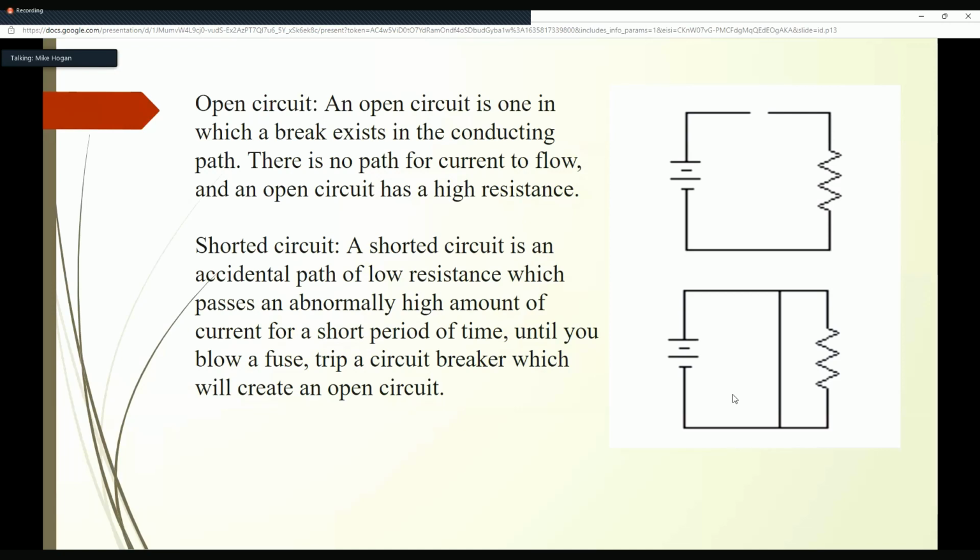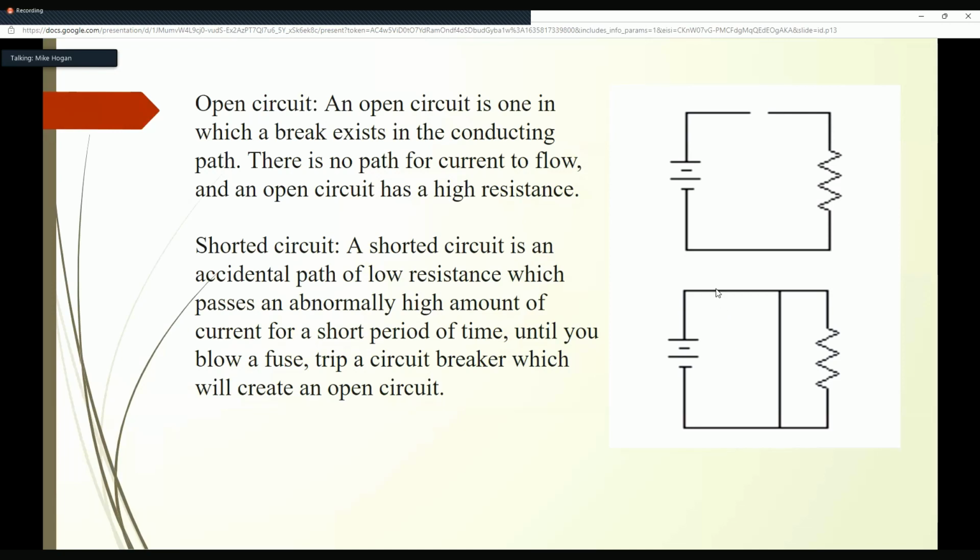Usually you've got some safety feature that will detect this short circuit. Maybe it's a fuse, maybe it's a breaker, and it's going to detect the increase in current flow and say, "Whoa, something's wrong. Something has shorted out my load. Let me go ahead and open this circuit up."